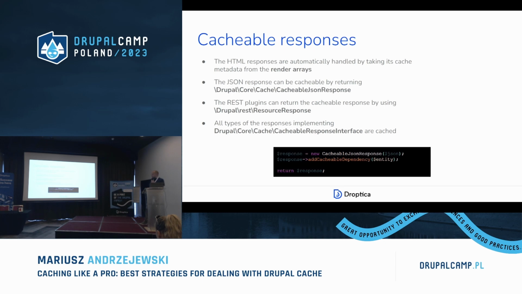And when you implement your own custom response, you can also use the cacheable response interface, and it will allow you to easily add a cacheable dependency, as I previously presented to you.